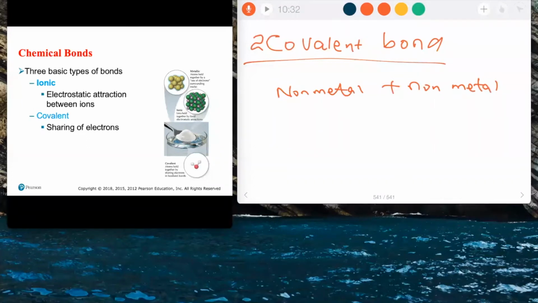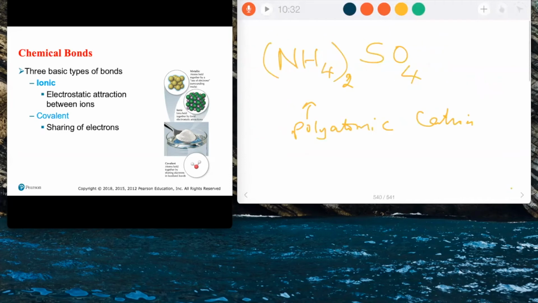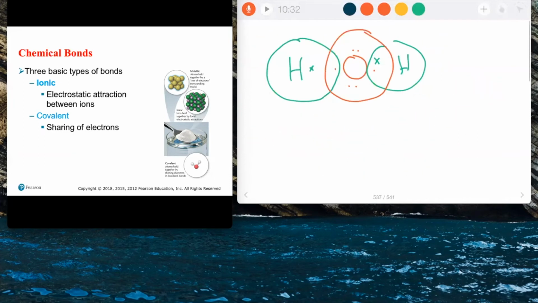And these non-metals share what? Their valence electrons in their outermost shell, sharing of electrons.